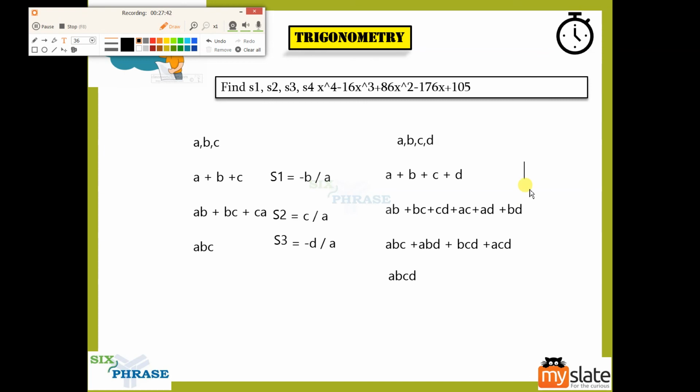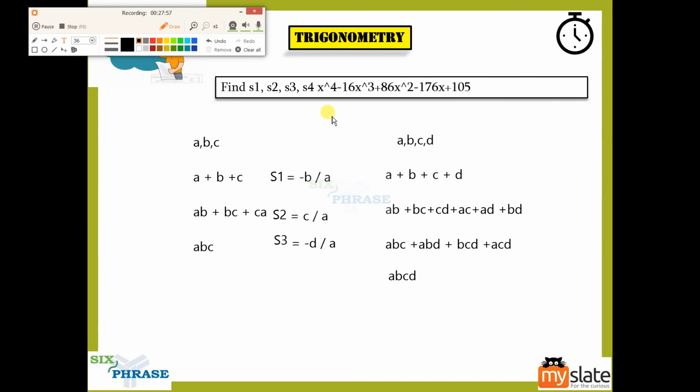Now again the formula is the same thing. For S1, what do you have? Minus B by A, right? So the formula is the same thing. So this will be A, B, C, D, E. So we have an extra one, E, right?